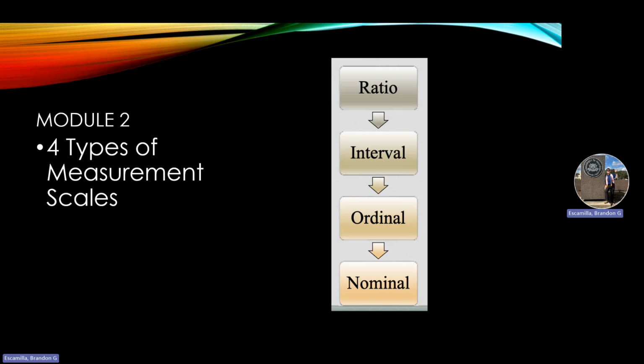For instance, when we start thinking about the days in the year, we have 365 days in a year, but we don't start the new year at January 0, we start at January 1st. Hence, it's an interval measurement scale because there is no true zero. There's not a real zero to work with when we're talking about the days of the year.